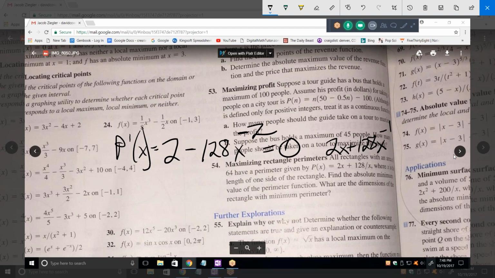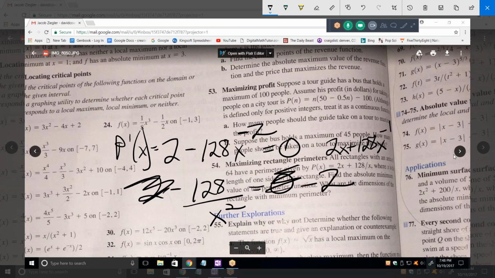And that'll tell us where on the x-axis we find our minimums and maximums. So solve that. Subtract 2. And then multiply by x squared.